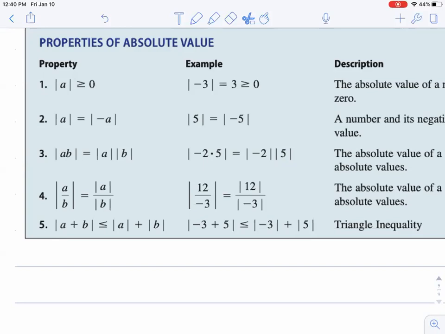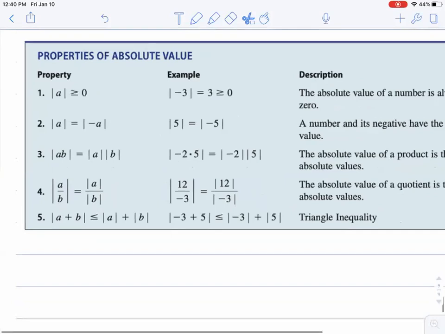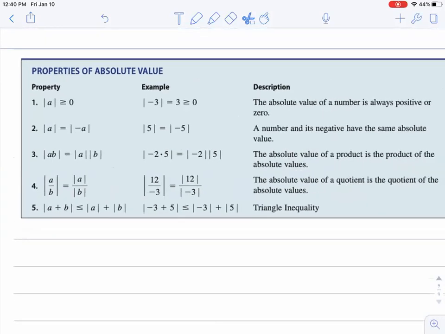And so all it says is that for the absolute value of A plus B, we can't just do the absolute value of A plus the absolute value of B, because all we know is that it's going to be less than or equal to the absolute value of A plus the absolute value of B. But that's a little bit for later.